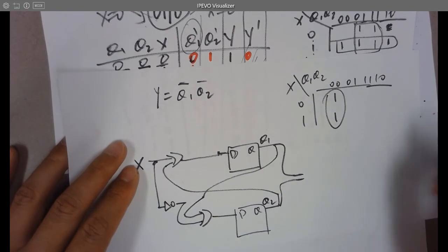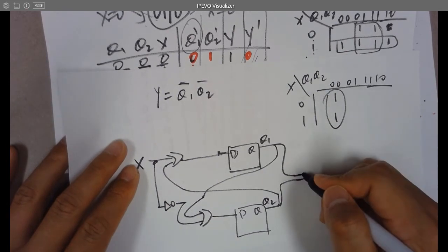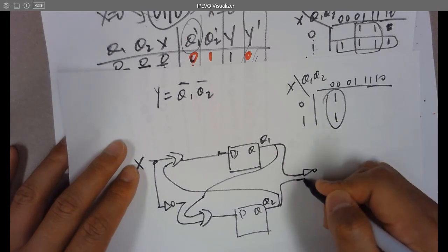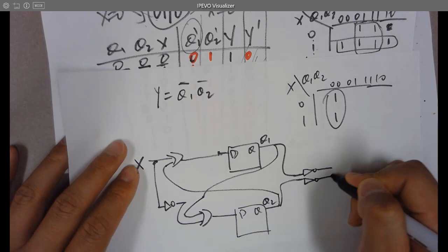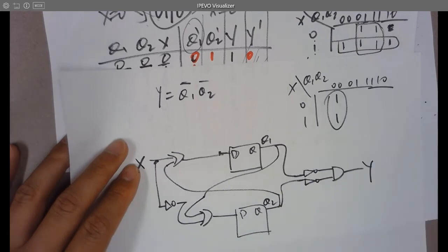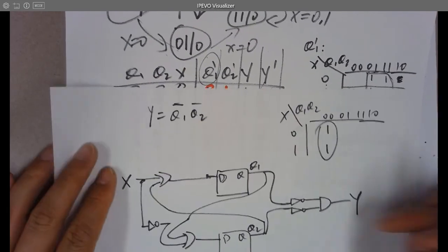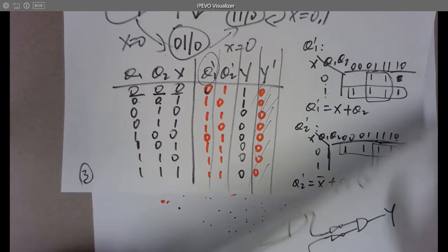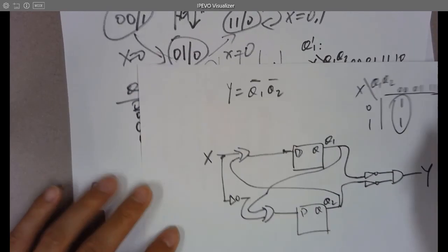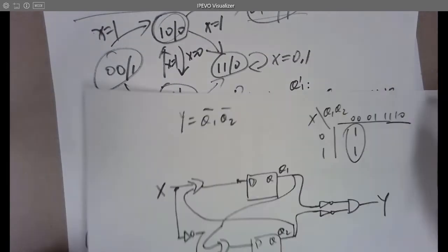Y should be Q1 bar, Q2 bar. You can just add an inverter and combine them together, so we get the Y. And Y prime is just nothing there. It's not anything.